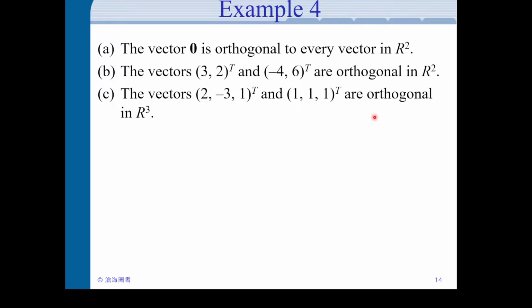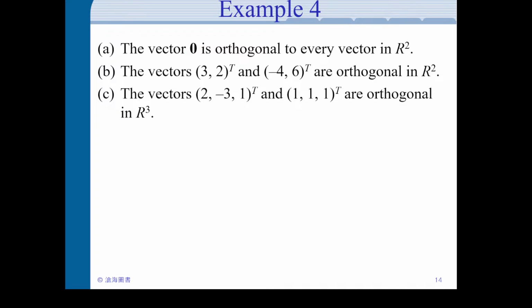So actually, this is quite weird. This is something we cannot quite see in geometry because we don't have a line of length 0. But in terms of a vector, we can have a vector of length 0. So this 0 vector, let's write it down.